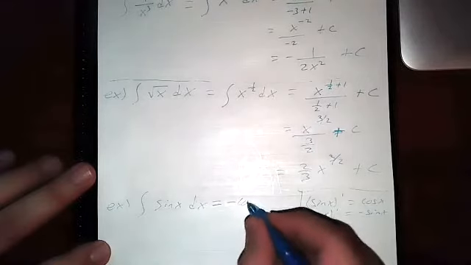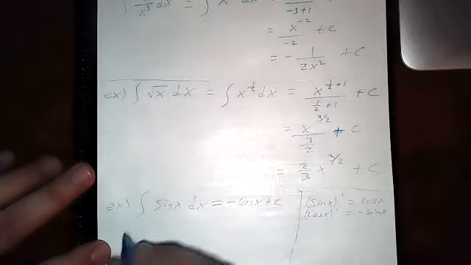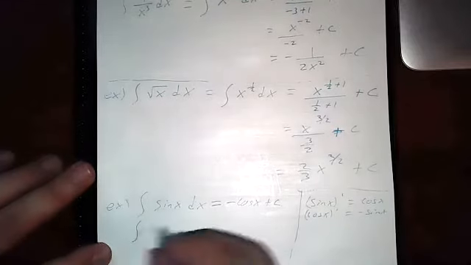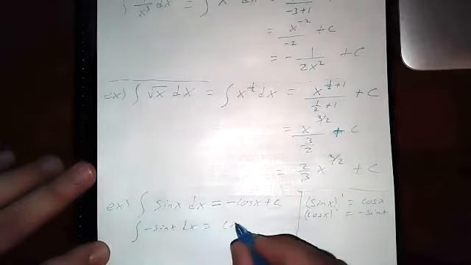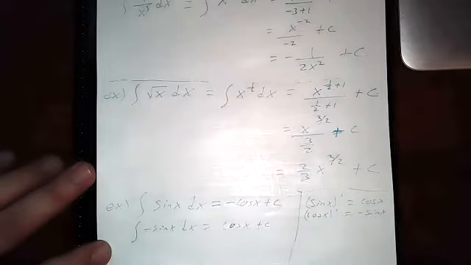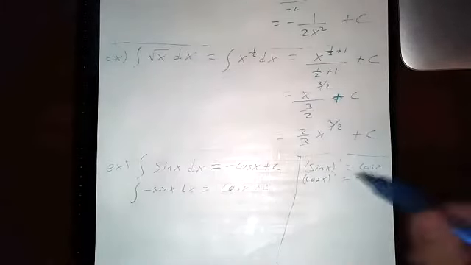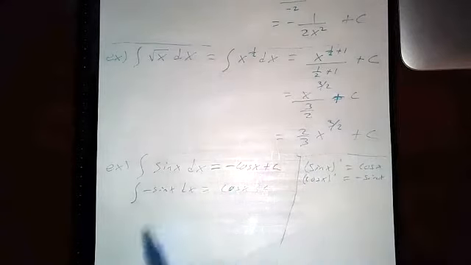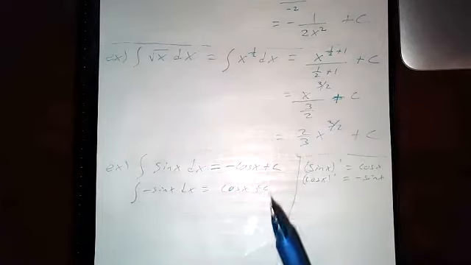Yeah, just negative cosine. Right, so if it was the integral of negative sine, it would simply be cosine. Does that make sense? So for these, you have to know the antiderivative. This is not a power rule kind of question. You got to go backwards.